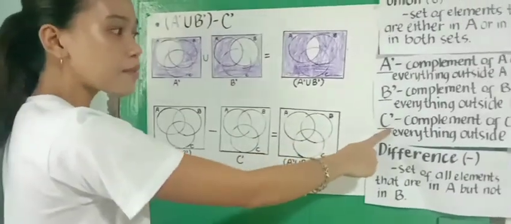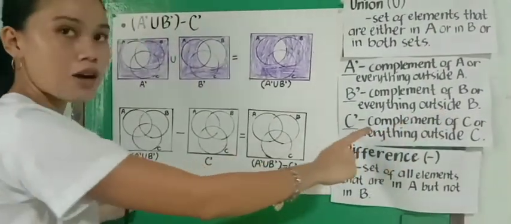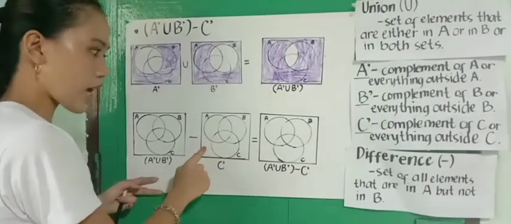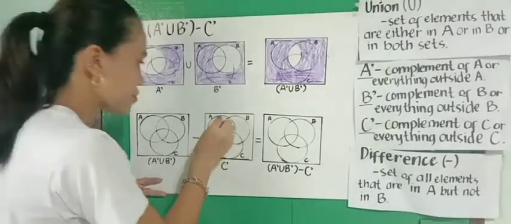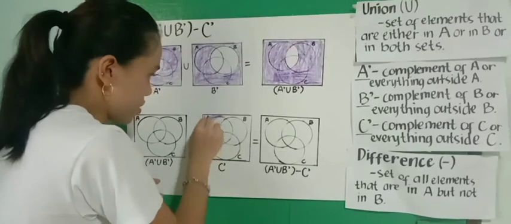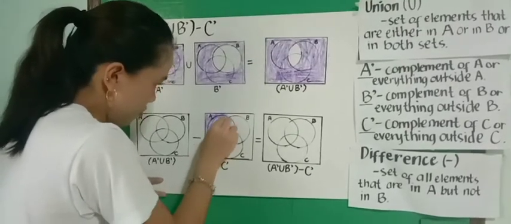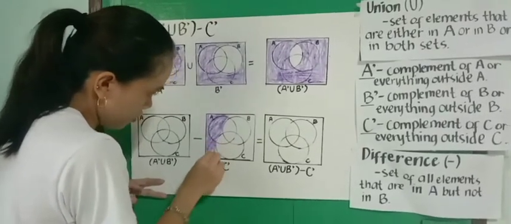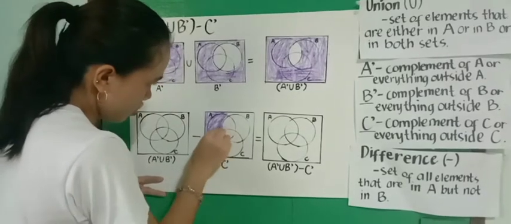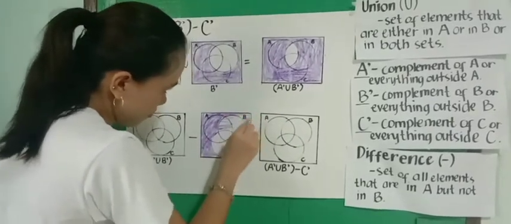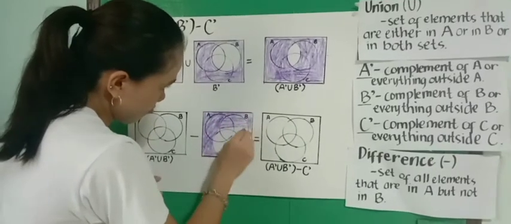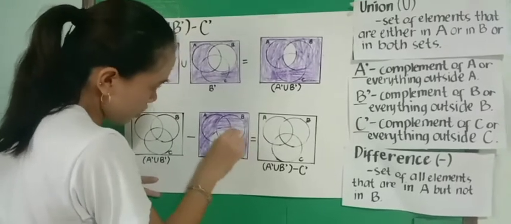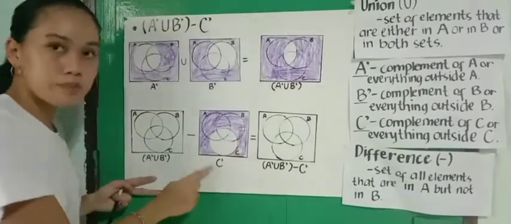C prime is the complement of C or everything outside C. So we will be shading everything outside C, and that would be the universal set, the set of A and the B. So this would be the C prime.